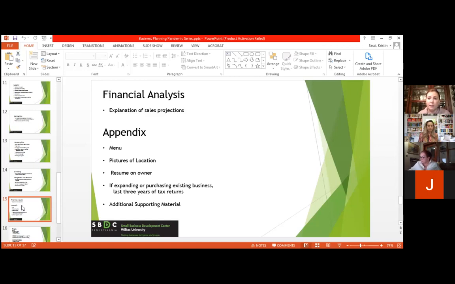If you are purchasing a building, we need the sales agreement. If you're purchasing an existing business, the bank is going to require you to have the last 3 years of tax returns on the business. So again, the appendix is really just gathering information and putting it into the end of the plan as supporting material.